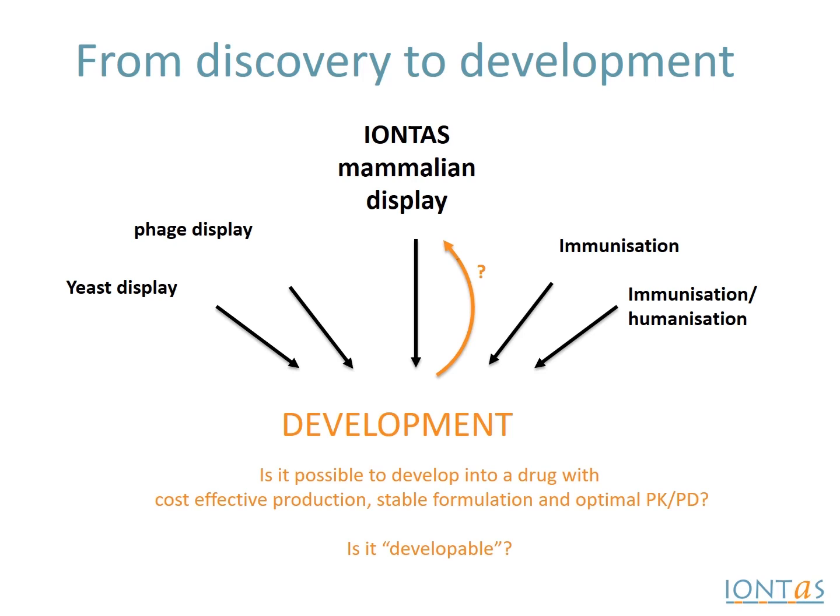And historically, this process of antibody discovery and antibody development have been dealt with within separate silos in pharmaceutical organizations. So really, development people have to understand or deal with whether it can actually be turned into a drug with cost-effective production, stable formulation at high concentration, and optimal pharmacokinetics and pharmacodynamics.